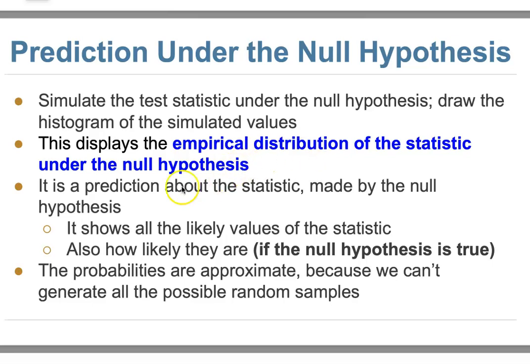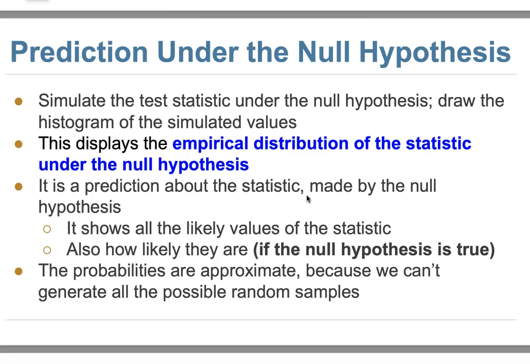This is a prediction about the statistic you choose under the assumption about the model. It shows all the simulation results, and we want you to run many times so it has as much coverage as it can.